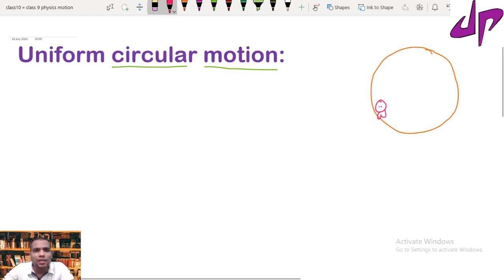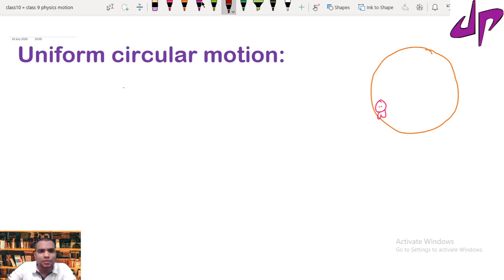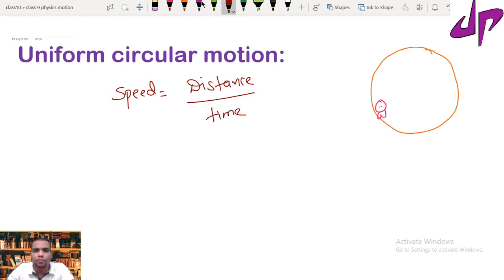First we will recall our speed definition. What is speed? Speed is nothing but distance upon time. And here I need to recall another definition, that is velocity.